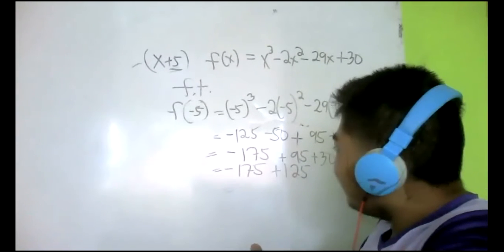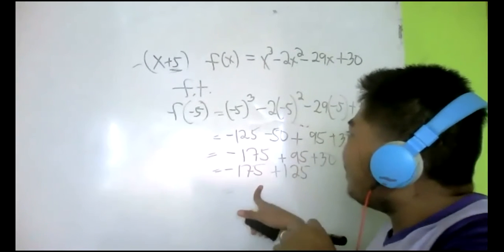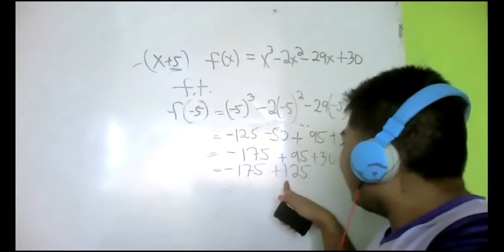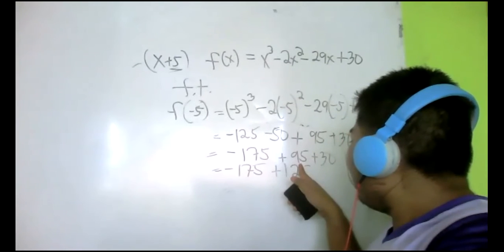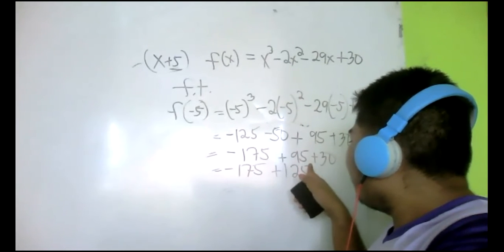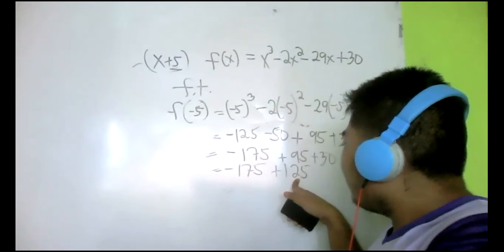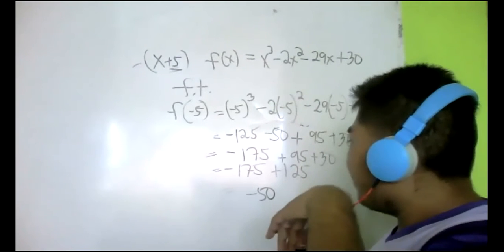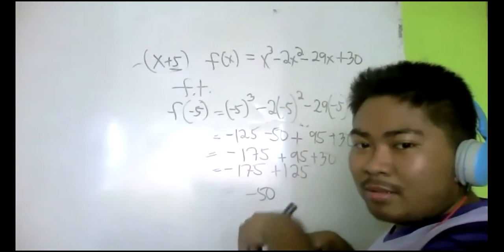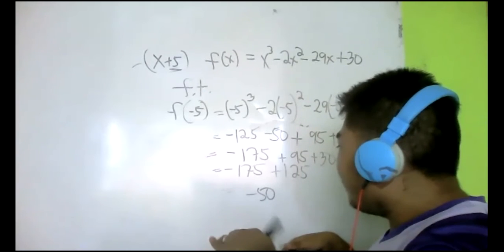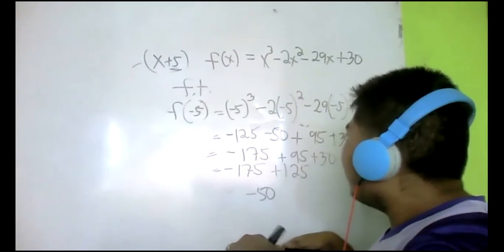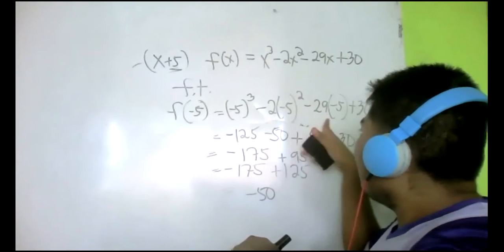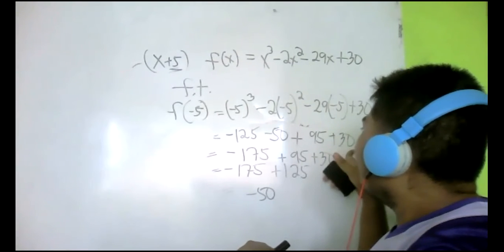Ba't kayo nagdududa sa sarili nyo? Hindi nga, dapat magsisiro to eh. Hindi ginawa namin. Negative 2 times negative 5 muna sa kanya. Tama naman.